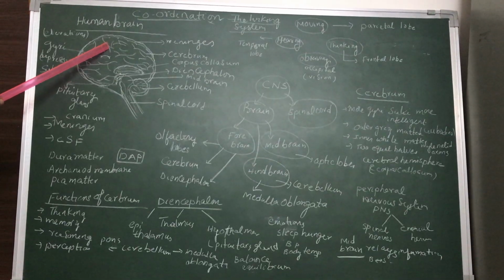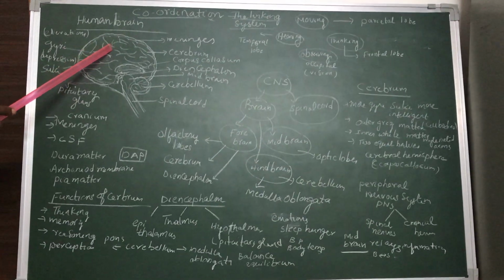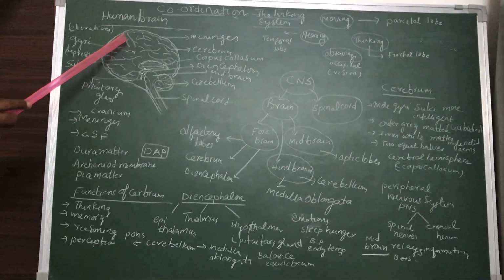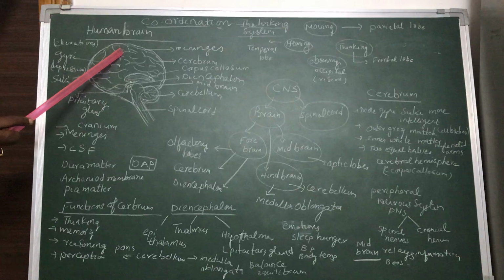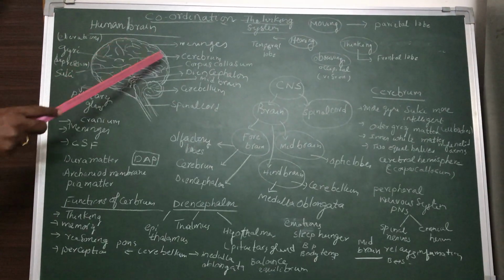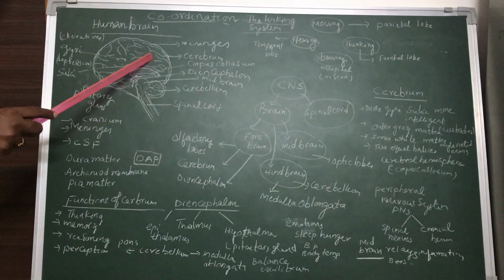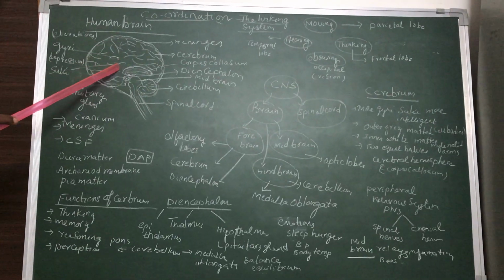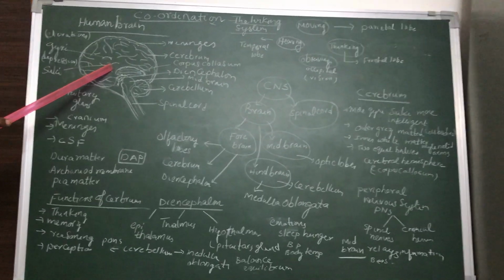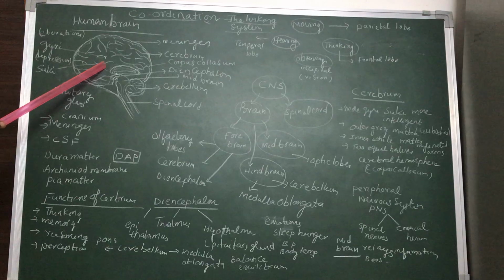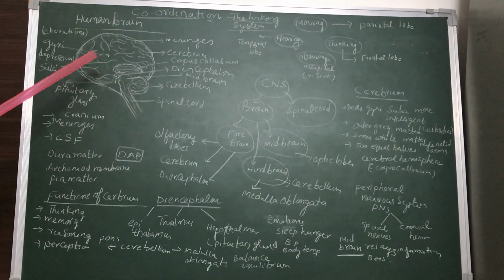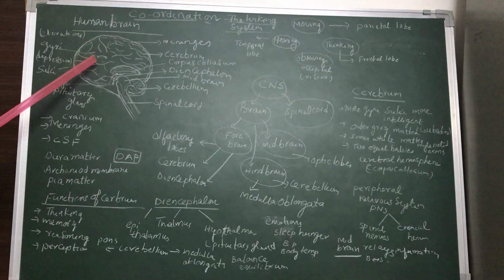The outer part of the cerebrum consists of cell bodies, Nissl granules and dendrites, and unmyelinated axons, so it looks grey. The inner part consists of myelinated axons. Myelin sheath is a white fatty sheath which gives white color to the brain. Very important: outer grey matter, inner white matter.